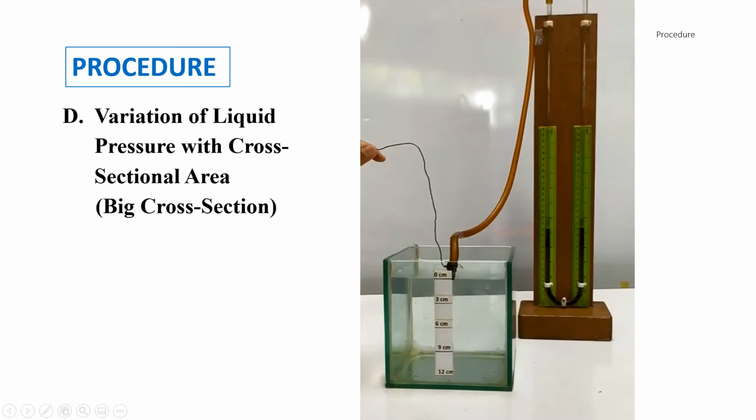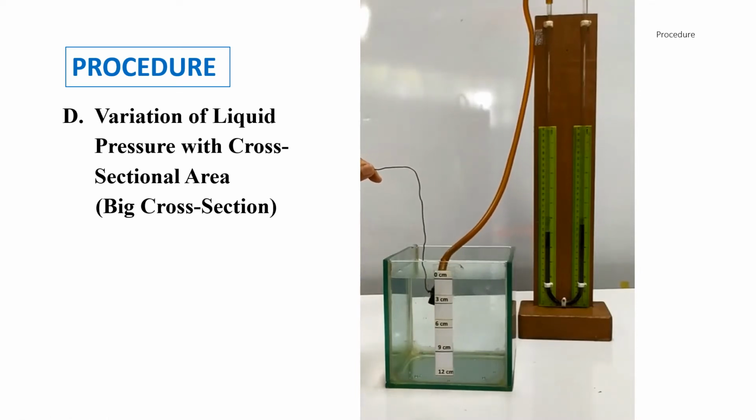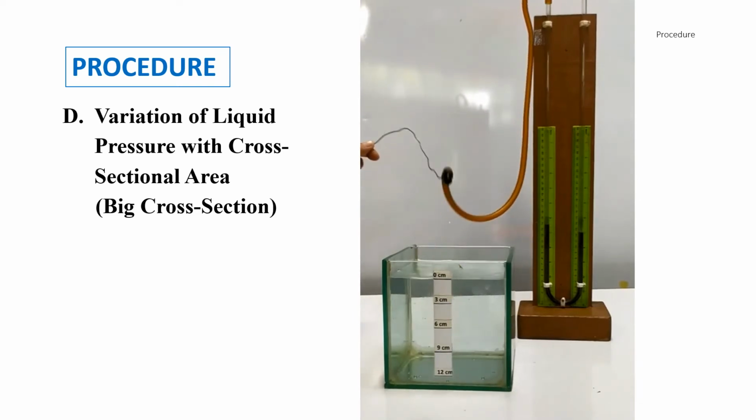Now at 0 centimeter mark, at 3 centimeter mark, at 6 centimeter mark, and at 9 centimeter mark. So in this experiment, at each position, you're going to measure the height of the closed arm and the height of the open arm. But first, you have to take the initial position.